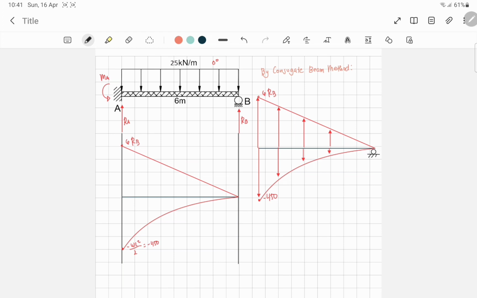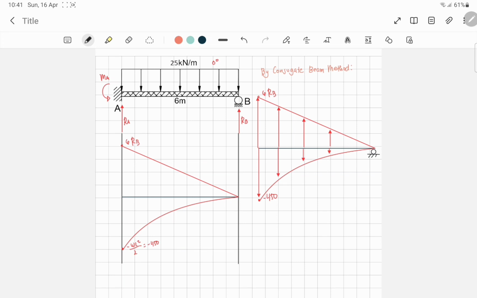Since the support at A is fixed in the real beam, when we convert it to a conjugate beam, it will be a free end. For the simply supported end, it stays the same in the conjugate beam.